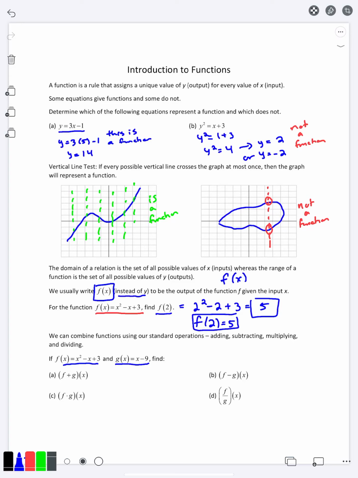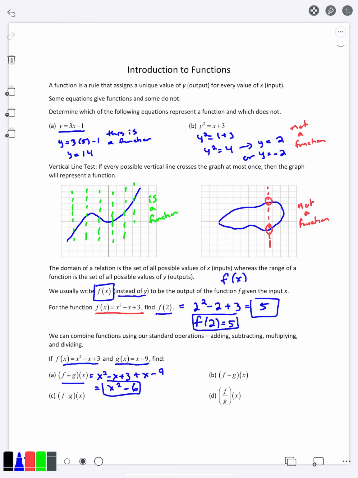And we're going to combine them. So f plus g, all that's telling you to do is to take both of your functions and add them together. And then you can simplify this a little bit. Minus x plus x cancels out, and then minus 6. So that would be the result of adding the two functions, which we write down as f plus g parentheses x.